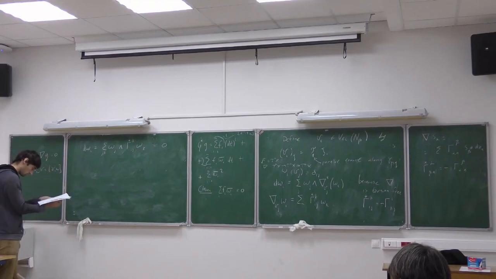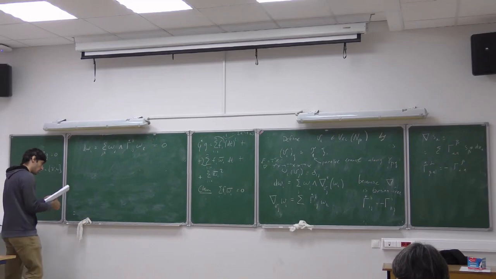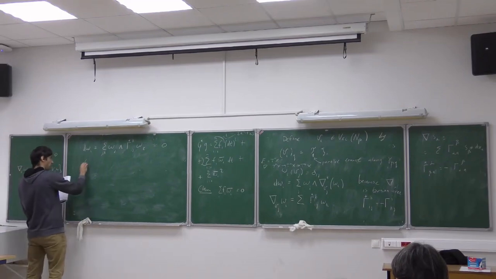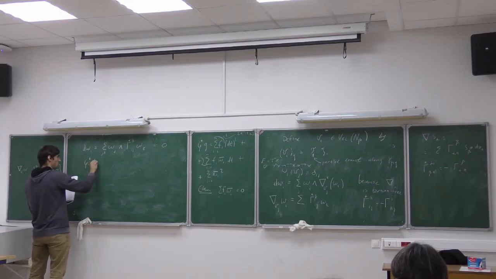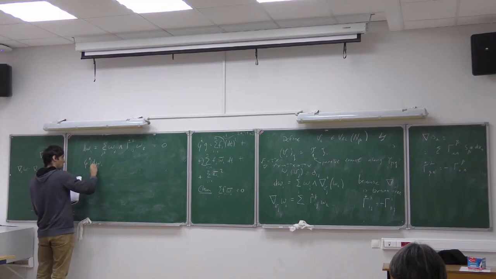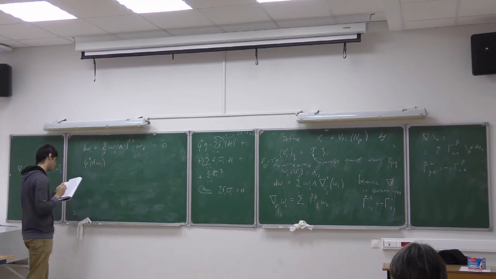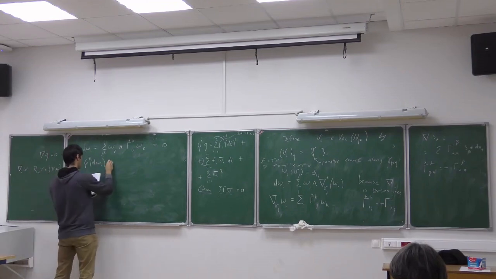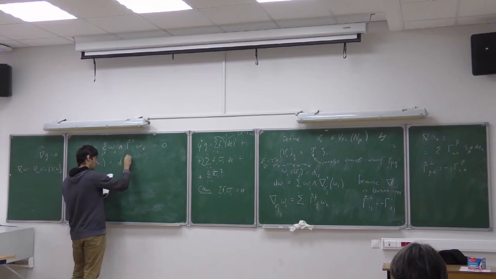All right, so d omega I is 0. And this gives me what? So therefore phi star of d omega I is also 0, right? But I can write it as d phi star of omega I, right?